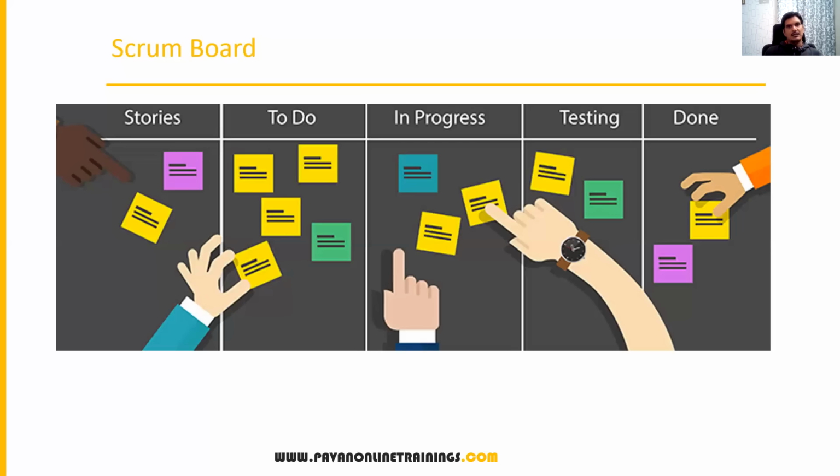A few years back, this was done manually. They would set up a whiteboard, make multiple sections, and use sticky notes on which they wrote the stories, moving those papers between sections. But nowadays, the tools themselves can do that.